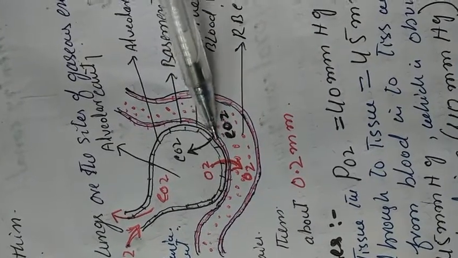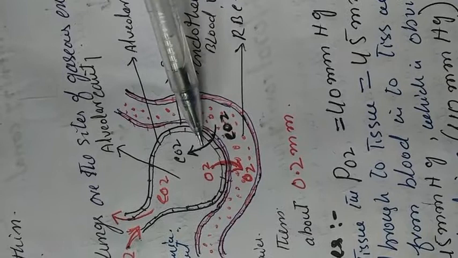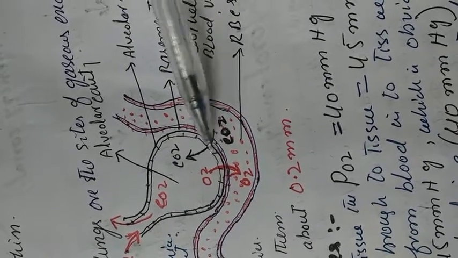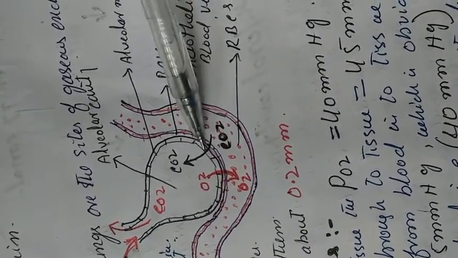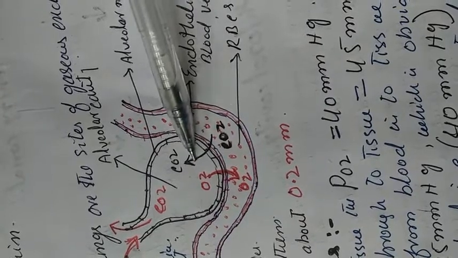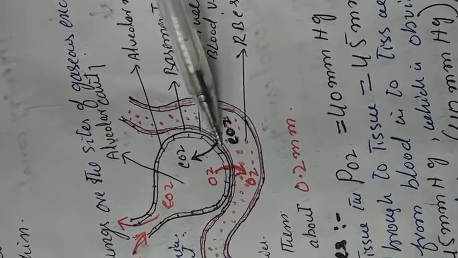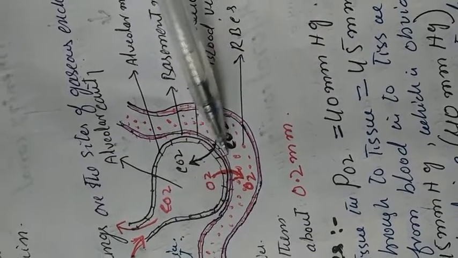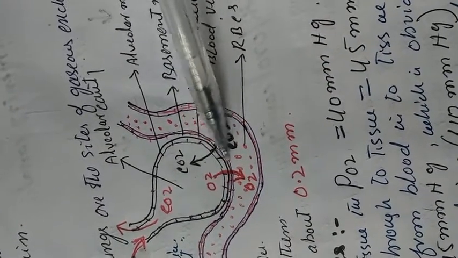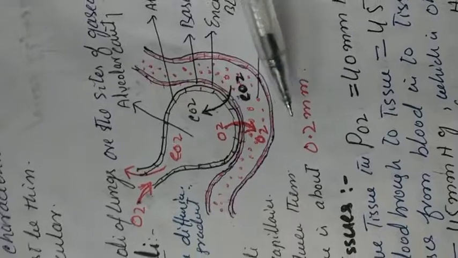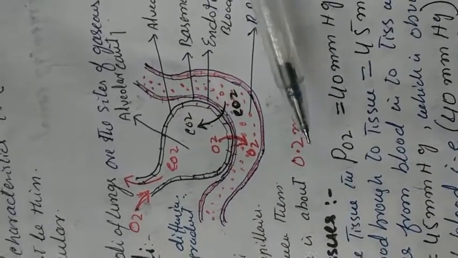And the third layer is between these two, that is called the basement membrane, which lies between the squamous epithelium of the alveoli and the endothelium of the blood vessel. And the total thickness of this membrane or this respiratory surface is about 0.2 millimeters.